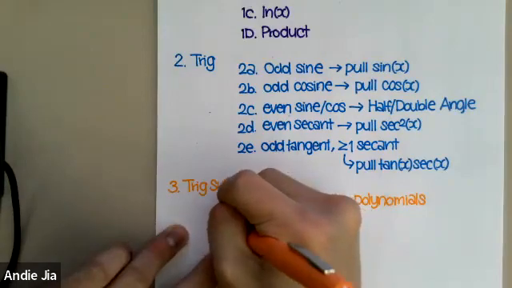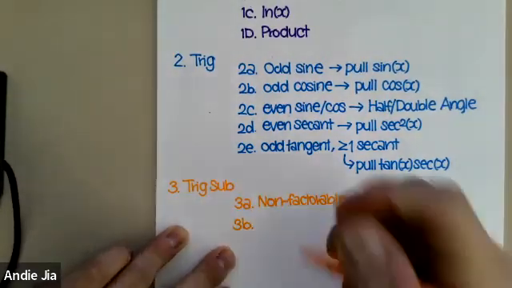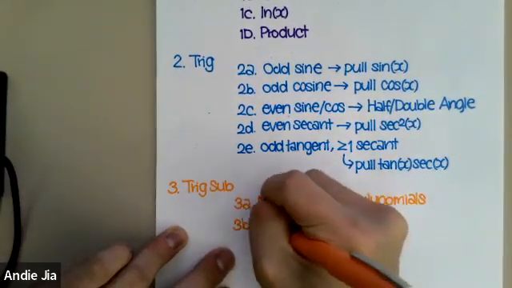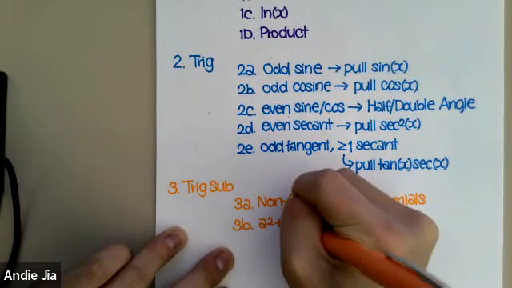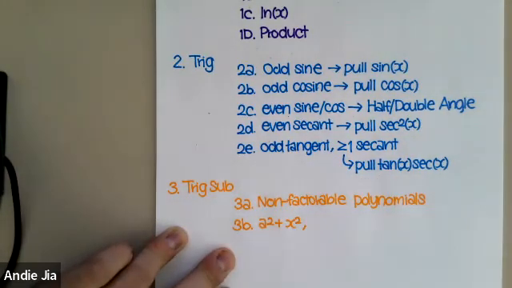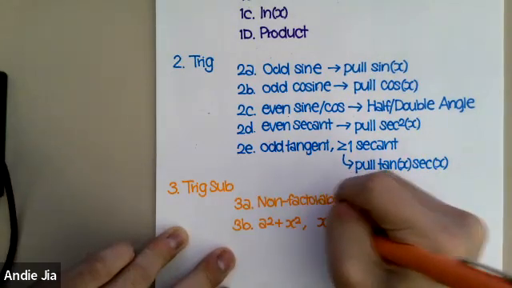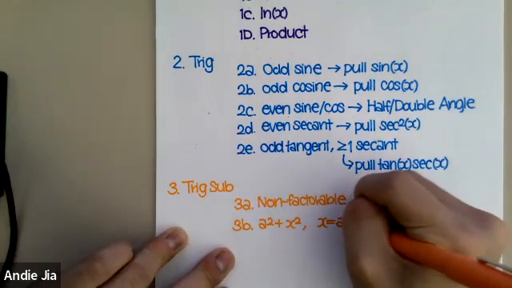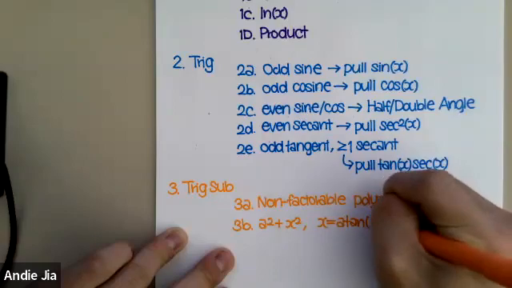Case B is a squared plus x squared: x equals a tangent of theta.